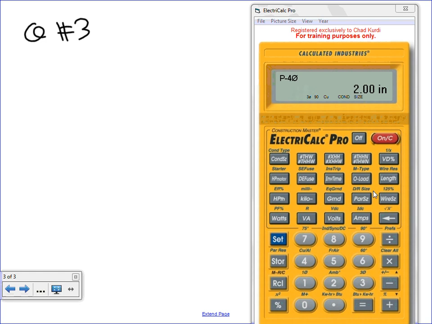I have a 4 by 1.5 inch square box, and I also have a ring. The cubic inches for the square box, 4 by 1.5 inches, is 21 cubic inches.